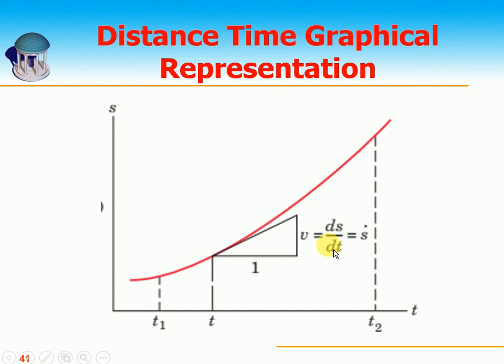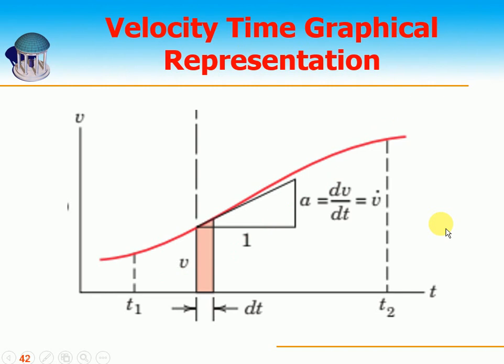The slope at any instant on a distance time graph will always give you the velocity. Is it clear? If I need to find the velocity here, I just draw a tangent line and then find the change in distance per unit time, which will give me the velocity.